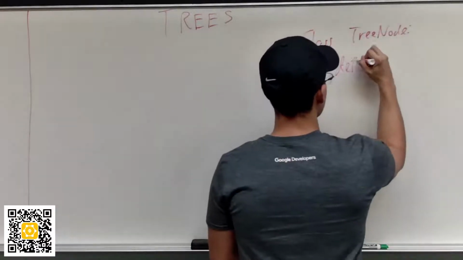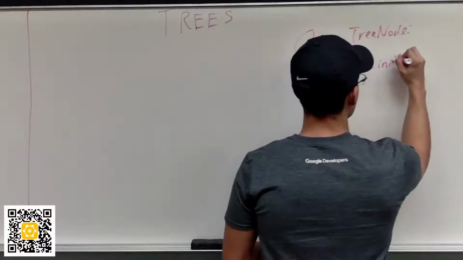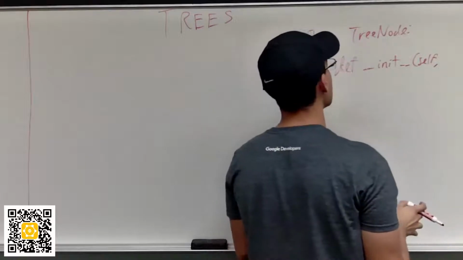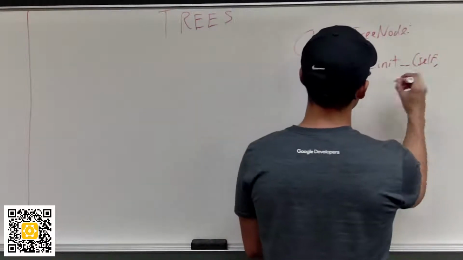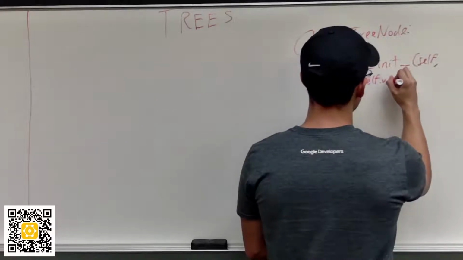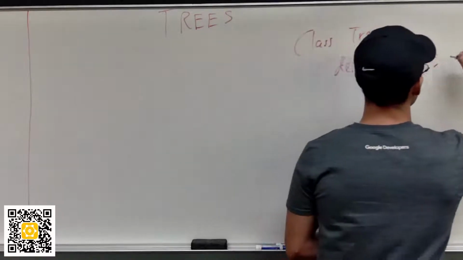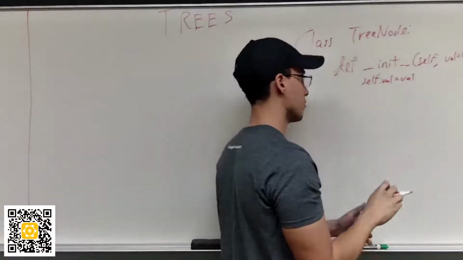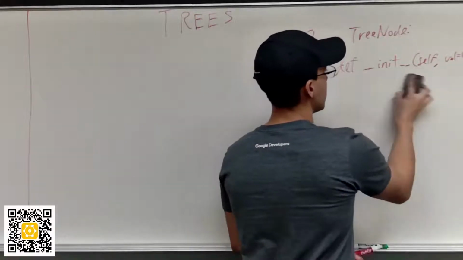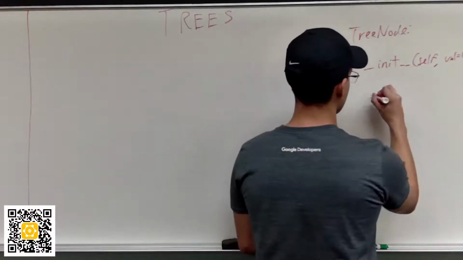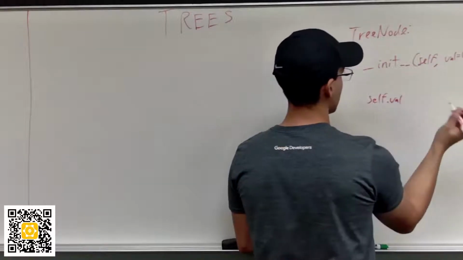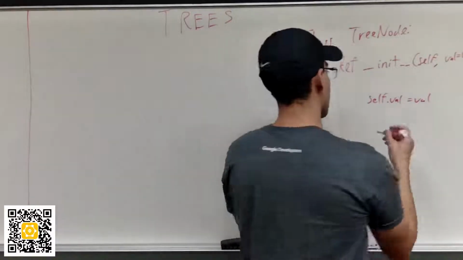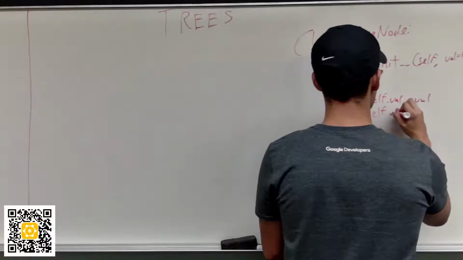Do the constructor, with value equals 0. The tree node has a value, like the list node we talked about, and it has two children.